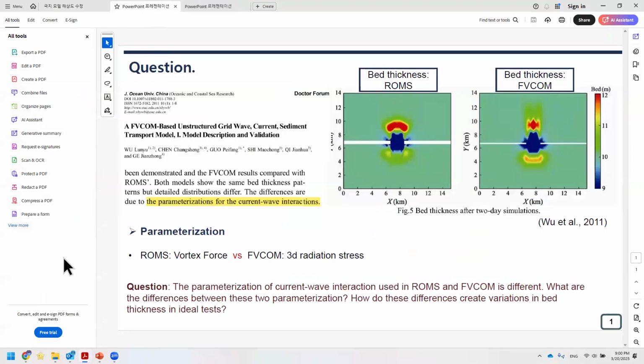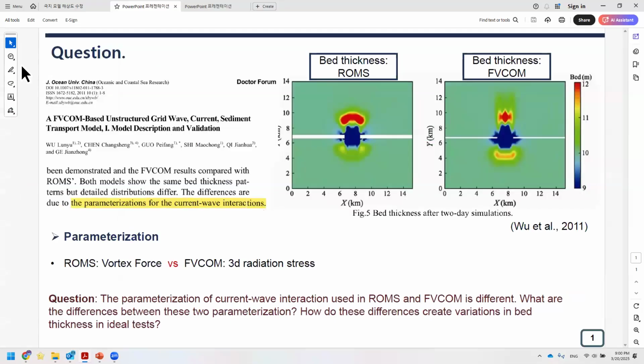The parameterization difference is because the wave model is different. There is a wave model, but the hydrodynamic model is different too. The difference should be very small for the grid, because both are structured rectangular grids, so structured and unstructured grids should show no difference in this kind of circulation. But for most of the circulation, FVCOM uses the SWAVE, while the other model uses SWAN, because SWAN is a first order approximation wave model.